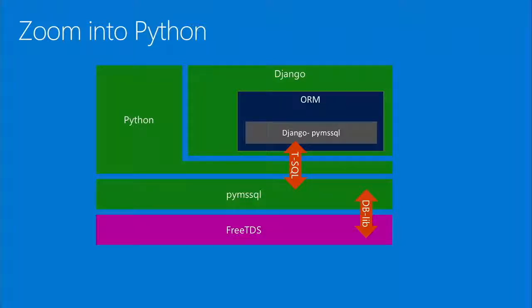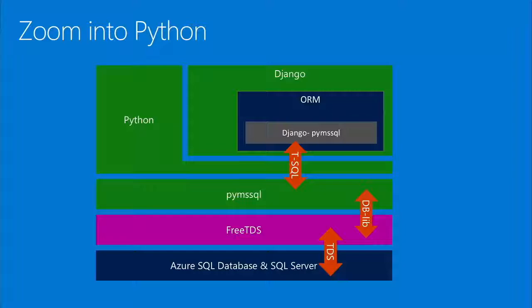So you can see the transitions of the protocol from T-SQL to dblib and ultimately through TDS to SQL Server. So this is how the whole stack works, and it's pretty performant. And as you can see, FreeTDS shows up in a lot of different places for various languages. And so if you're a Django lover, Azure SQL DB or SQL Server works for you.